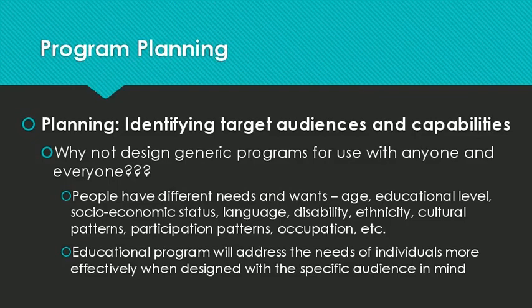So focusing on their age, their educational level, their socioeconomic status, language, ethnicity, cultural patterns, all these different variables come into consideration. So it's important that when we are planning our programs, we tailor them specifically to the people that we will be serving.